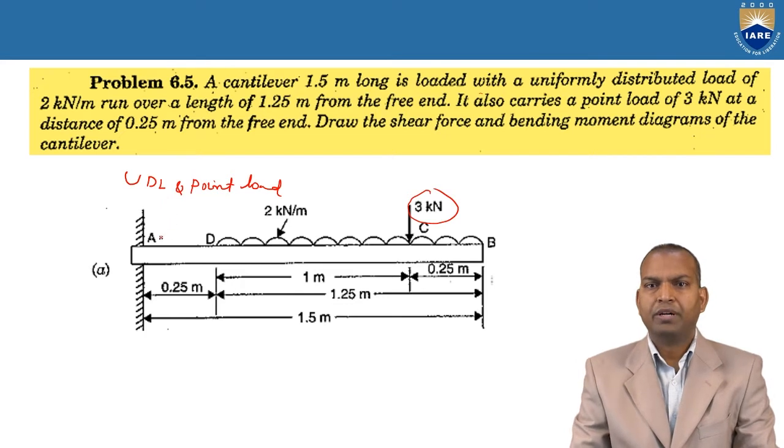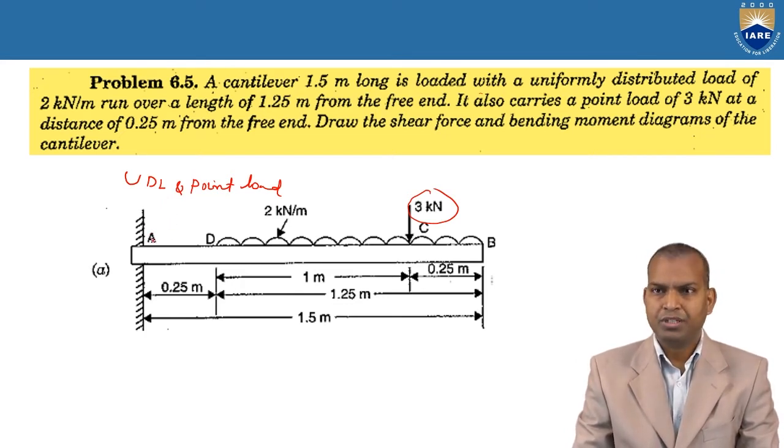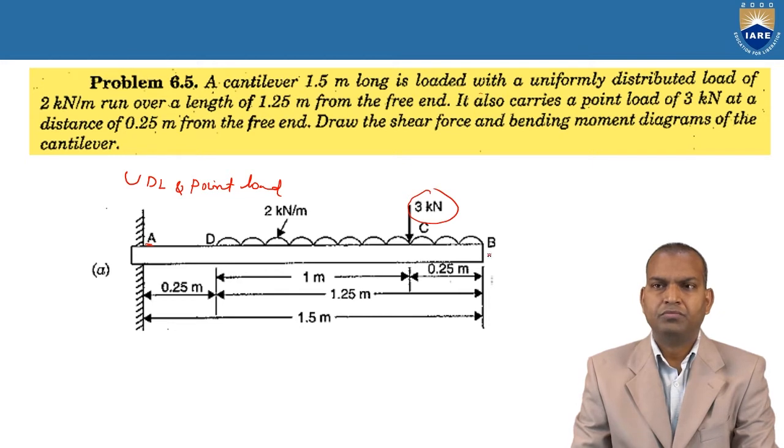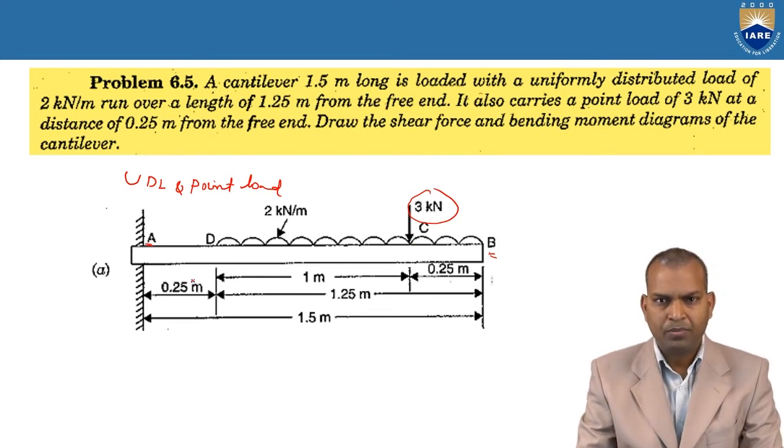There are 4 points marked here. Suppose the problem doesn't give the points, we have to assume the points. So at the fixed end, point A, at the start of the UDL, point D, the end of the UDL is point B, and at the point load, point C.